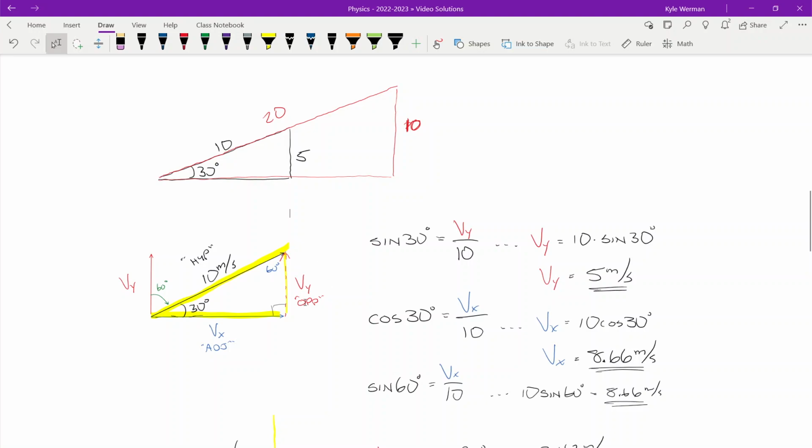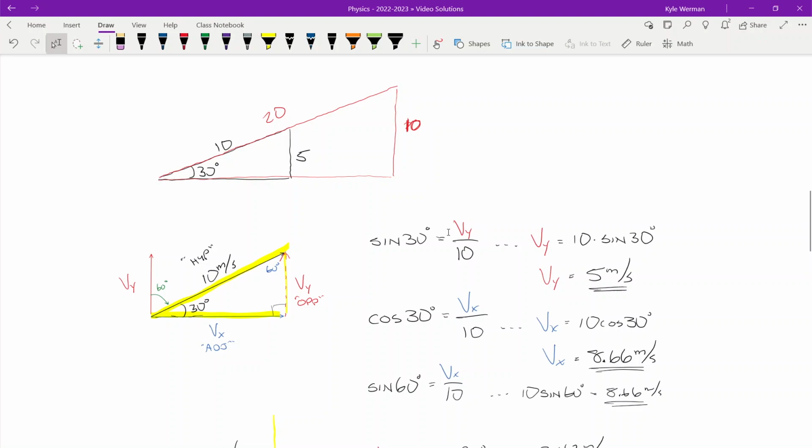If I want to know how much is in the y, which is going to make the object go upwards, I know that this is the opposite side to 30. I have the hypotenuse, so I want a trig function with O and H, and that's what sine is. SOHCAHTOA, S-O-H: sine of the angle is equal to the opposite side, which is Vy, over the hypotenuse, which is 10.